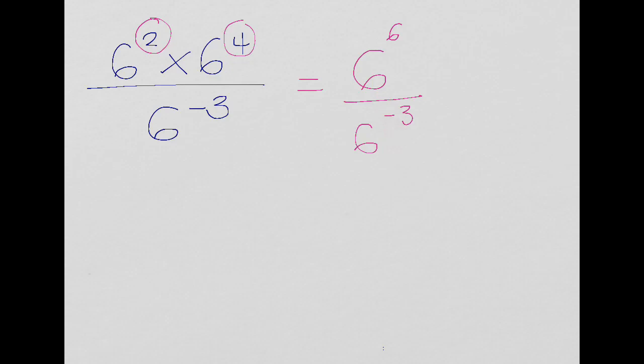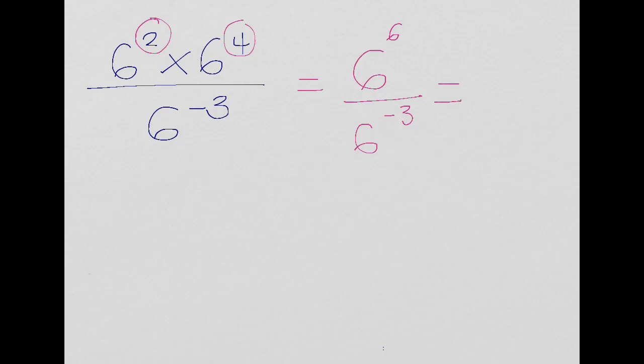Now they're dividing. So what do I do with my powers? I subtract. So I'm going to go 6 subtract negative 3. Now if I'm subtracting negative 3, I'm subtracting a negative number.